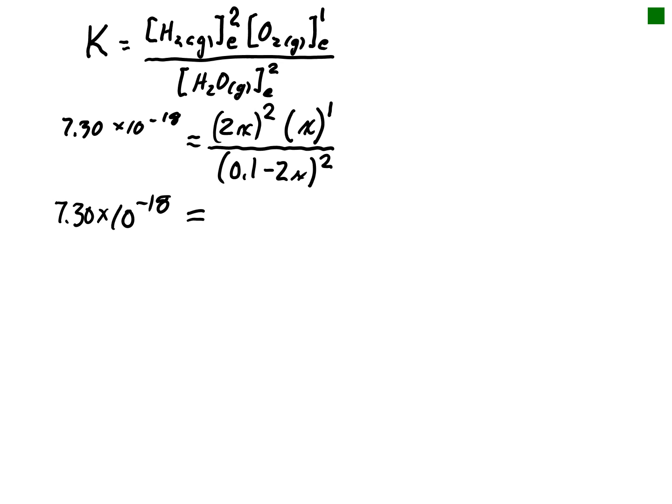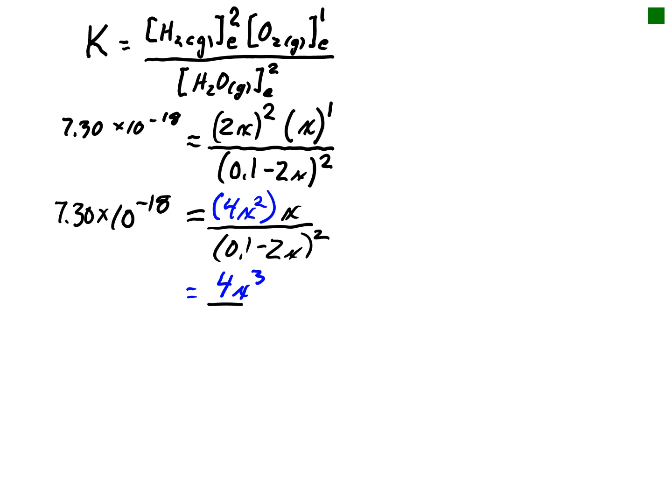The numerator, which is what's going to change here, that 2x quantity squared is now going to equal 4x squared times x, all over 0.1 minus 2x quantity squared. All right, so the numerator is now going to simplify to 4x cubed.